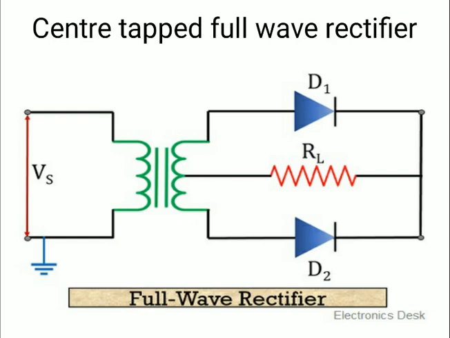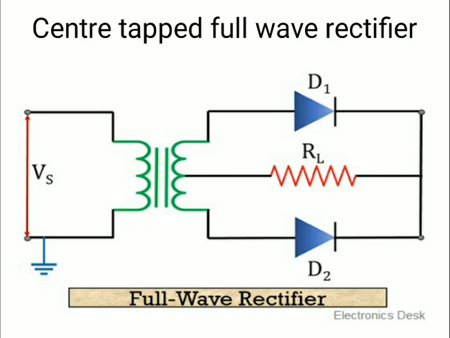The current will start flowing from the positive terminal to the negative terminal, through D1. When it comes to the point where there are two ways, one going to RL and the second going to D2, do you think it will go to D2? No, because D2 is in reverse bias and will not allow the flow of current.